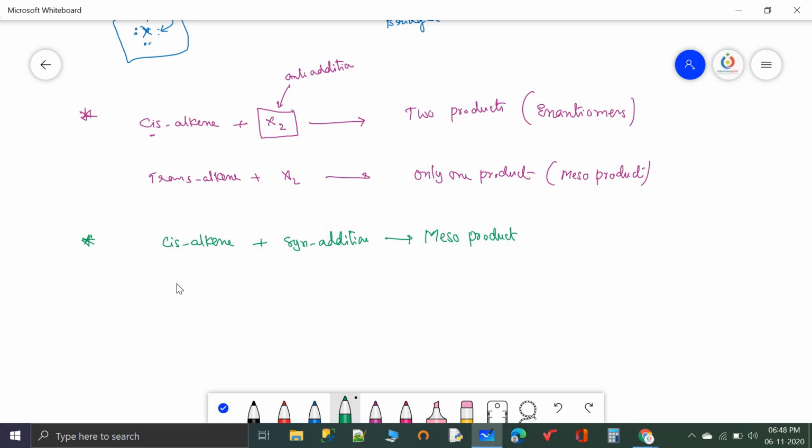Now you take the cis-alkene, but anti-addition is there. It is easy to remember. Cis means they are on the same side. If they are already on the same side and addition also is from the same side, the meso product will form. Here cis-alkene means identical groups are on the same side, but anti-addition means the identical groups are coming from the opposite side. Then you will get two products.